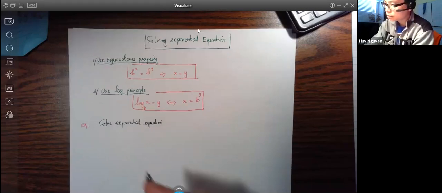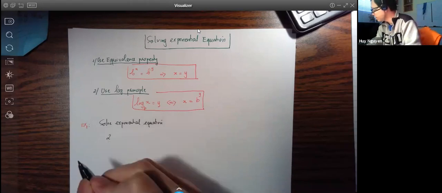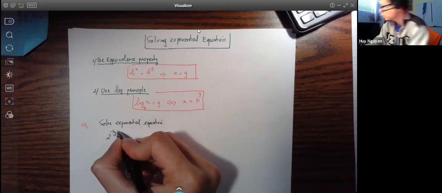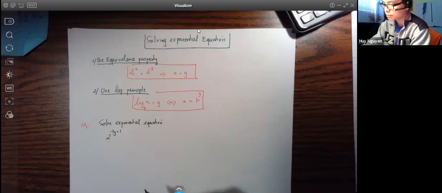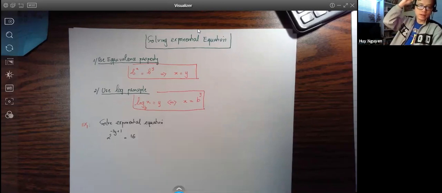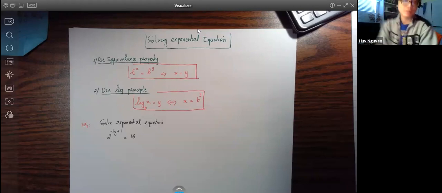What if I have 2 raised to the negative 3y plus 1 equals 16? If you look at the equation, you recognize right away this is an exponential equation because you see the variable y is in the exponent.